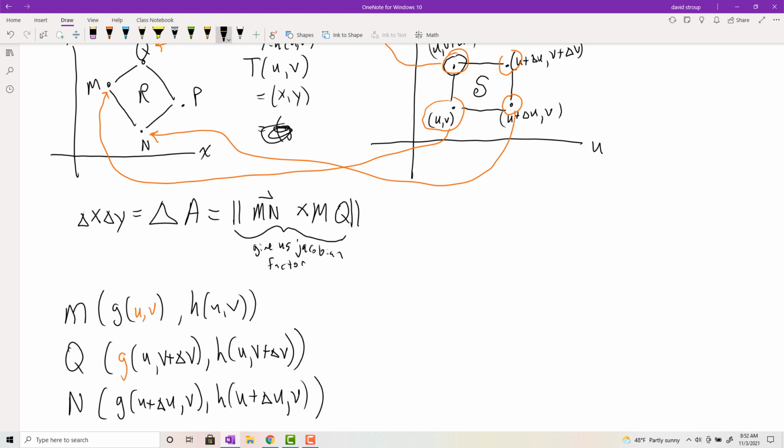All right. So I can form my vectors based off those. I need MN and MQ.